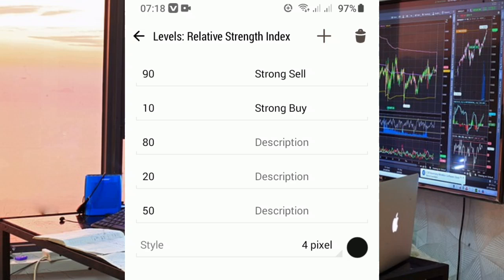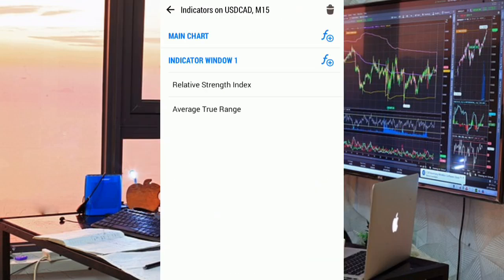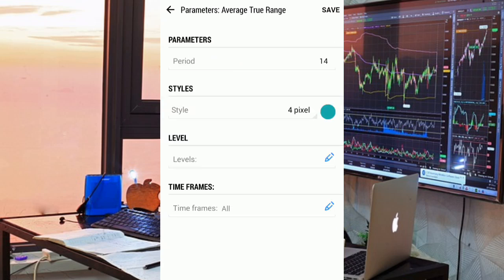Make sure that you use this plus sign over here, for those who are not used to adding levels. If you click that plus sign, you're going to get another description over there. Next, we're going to click save, and then let's go to indicator window 1. On indicator window 1, let's find the average true range.